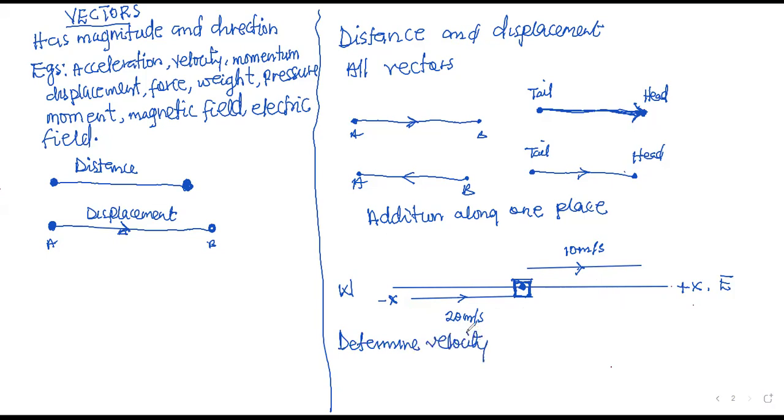Anybody to help? How do we calculate the resultant velocity on the body? How do we calculate the resultant or the total velocity acting on the body? Any idea?